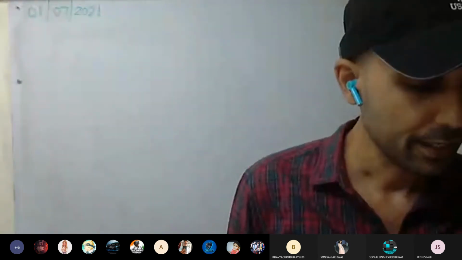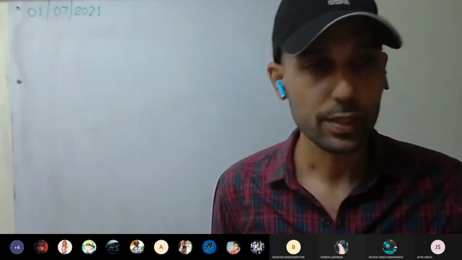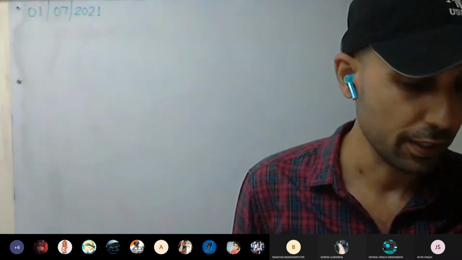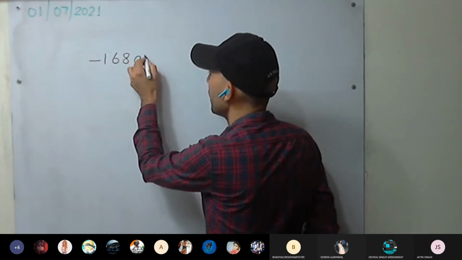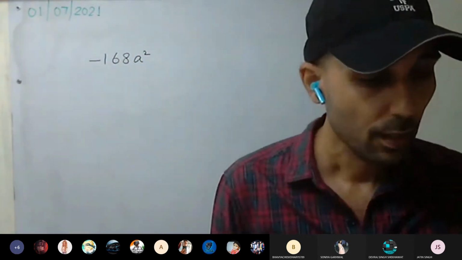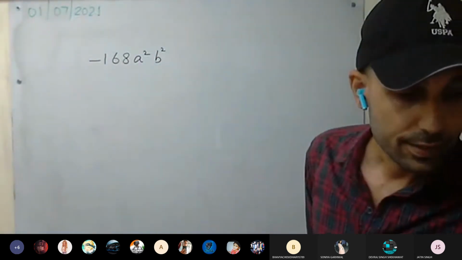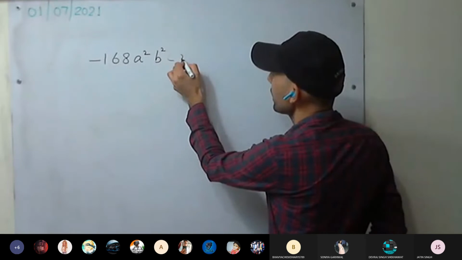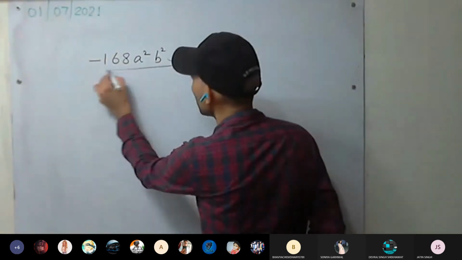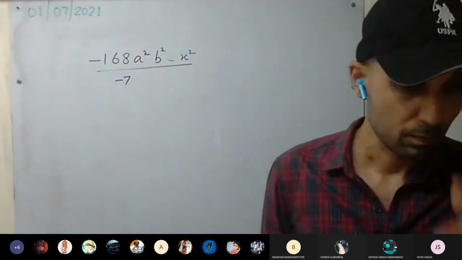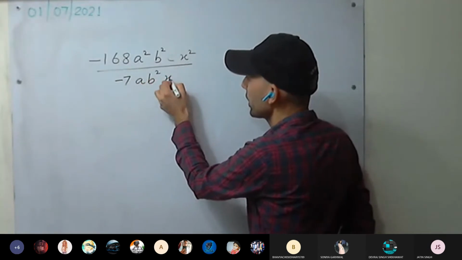Okay. Next one, try the 8th one. Minus 168. Everyone start doing in your notebook. Try to solve. I will be solving on the board and you have to solve in your notebook. And don't look on the board. Keep solving in your notebook. Minus 168 a square b square c x square, divided by minus 7 a b square x square.